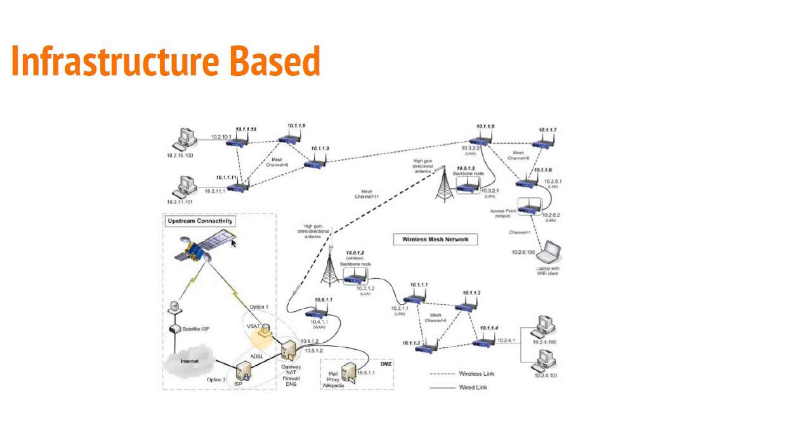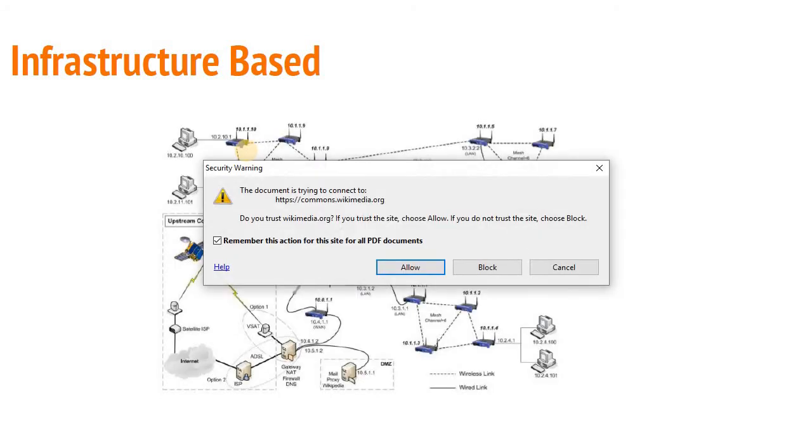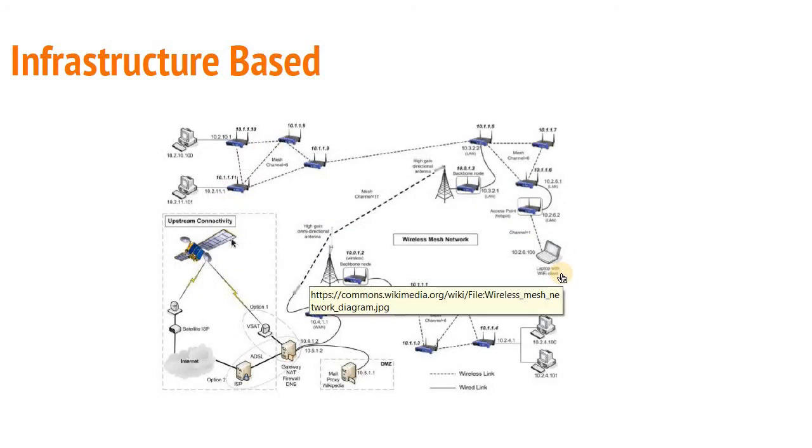Now the first example is infrastructure based. This is the wireless network where the infrastructure is required, in which you can see that this solid line is called the wired medium, that is the wired cables, and this dotted line is called the wireless network.